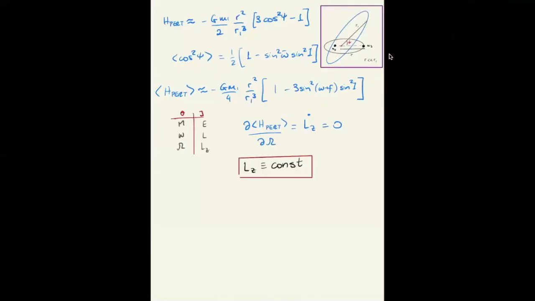So we found, at least for the averaged problem over the outer orbit, that the vertical component of the angular momentum is constant. Now, because LZ is equal to a combination of the semi-major axis, the eccentricity, and the inclination of the inner binary, the constancy of this quantity implies a correlation between these quantities for the inner binary.